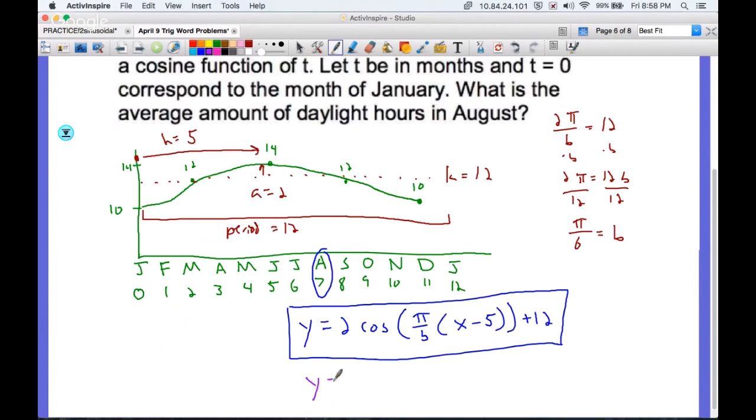So y equals 2 times the cosine of pi over 6. The x value is 7, so 7 minus 5, plus 12.